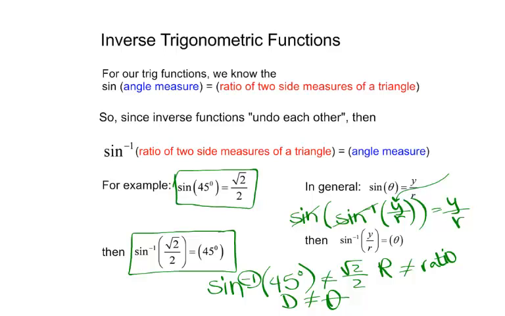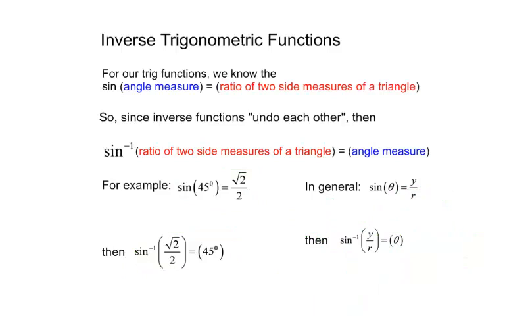Here I started with the inverse function and found an angle measure. And then I plugged that angle measure into the sine function. And those two operations undo each other, and it maps me back to the original domain value, which for inverse was the ratio. If I take the sine inverse and feed it something, I should feed it a ratio.